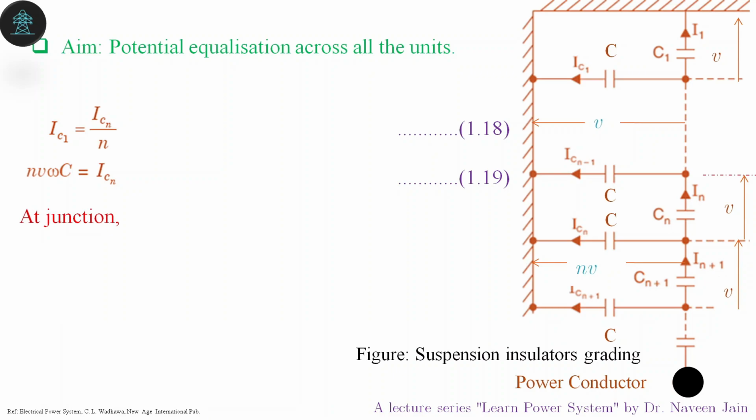Now, let us discuss the junction where the three currents In plus 1, In, and ICn meet.